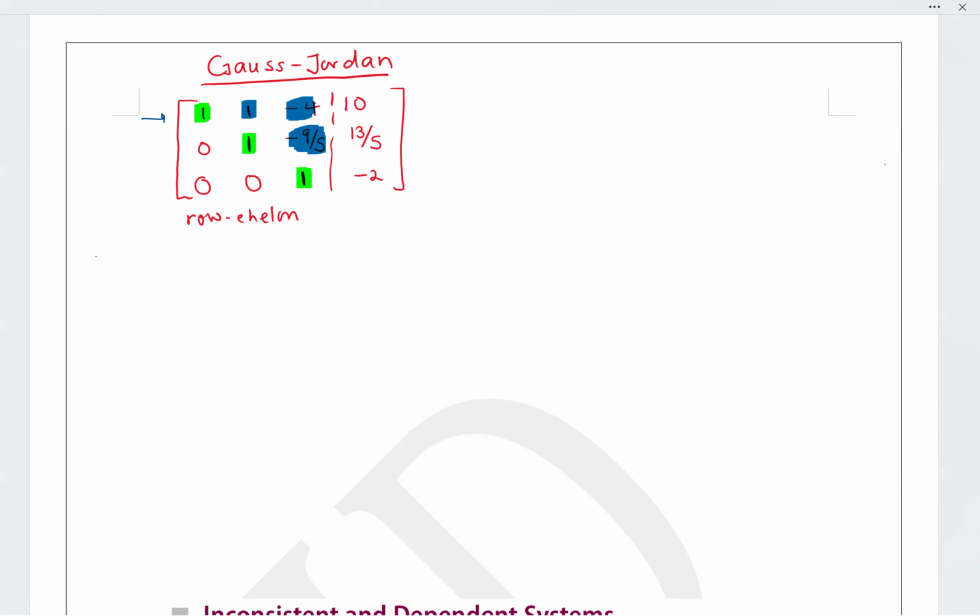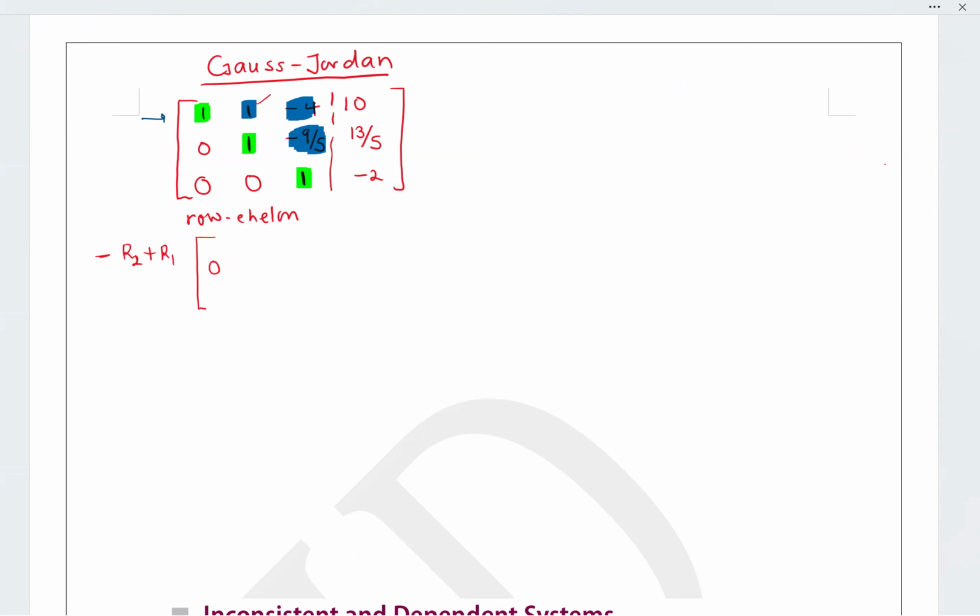This one is going to be minus R1, no, R2 plus R1. Yes, we can do minus R2 plus R1 because already this is 1, right? So we want to take this 1 to 0. So we take the negative of this, multiply by this, and then we add it.